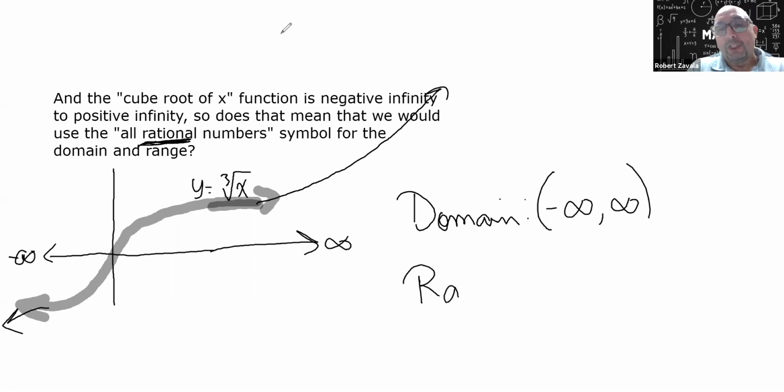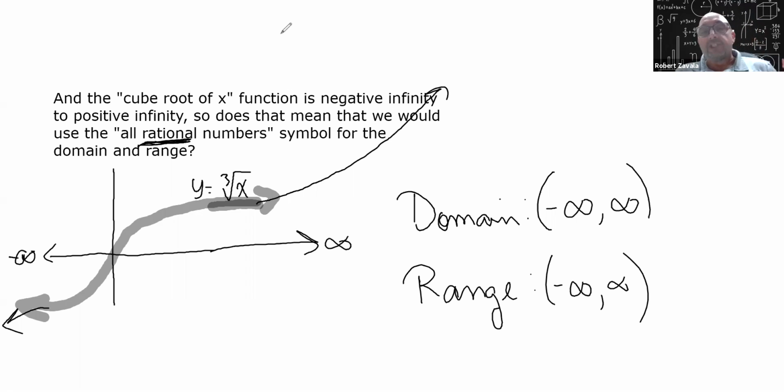Our range would be the same, negative infinity to positive infinity. Since there are no restrictions on these values in the software, we could enter all real numbers. And this is the symbol for all real numbers.